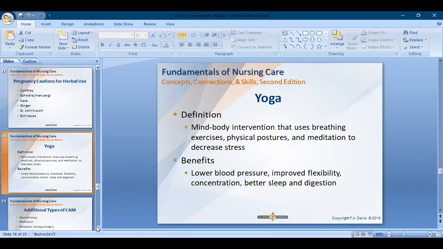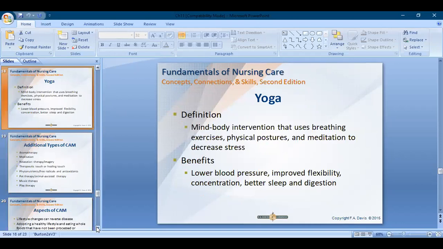Now, very easy things, yoga, everybody knows that. So yoga definition: this is a mild body intervention that uses breathing exercise, physical position or posture, and also meditation to decrease the stress. If you start the yoga, your yoga master will say, take a deep breath like this, right?